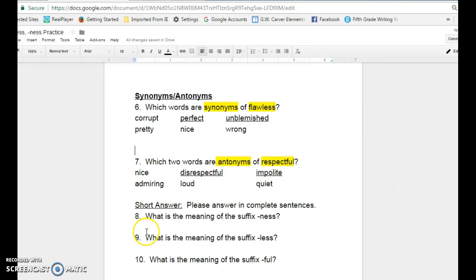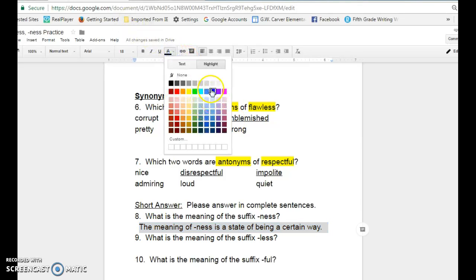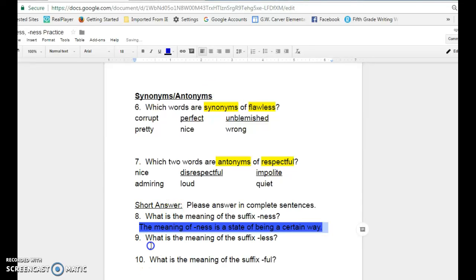All right, please answer in complete sentences. What is the meaning of the suffix ness? You should have answered in a complete sentence. The meaning of ness is a state of being a certain way. You could have worded this several different ways. You could have just said ness means, or the suffix ness means.